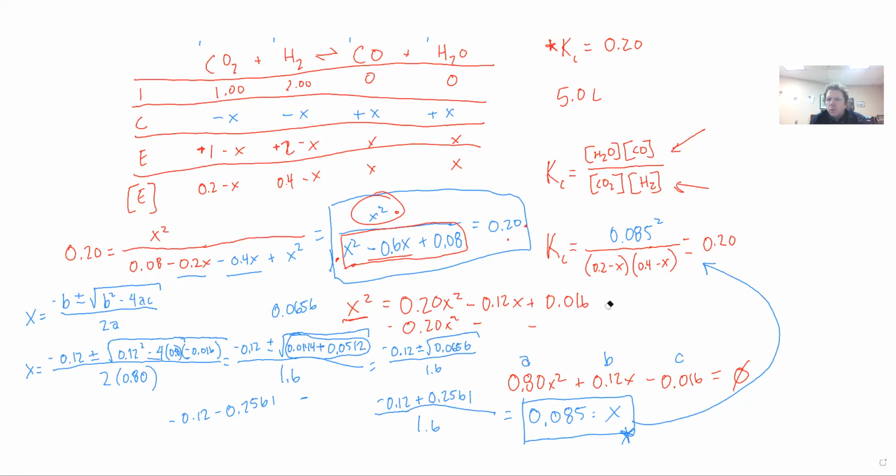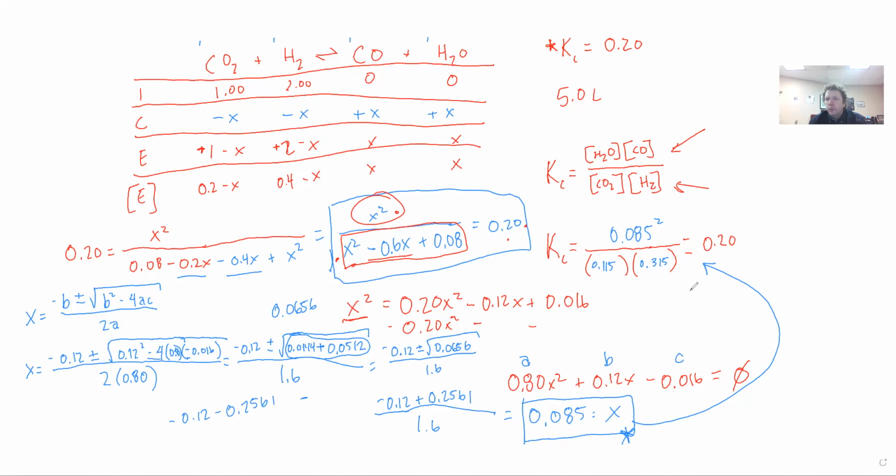That is equal to 0.115. Next up is 0.4 minus 0.085. That is 0.315. Now, I plugged those values in because those are my concentrations at equilibrium.